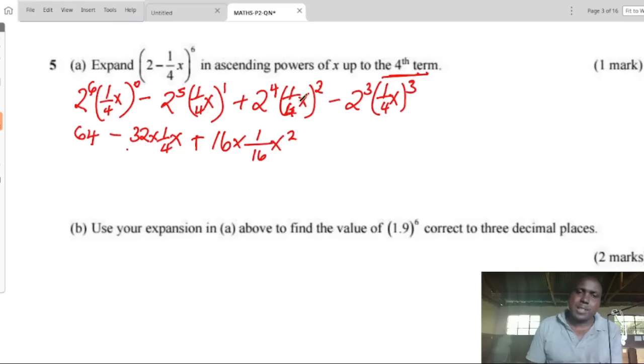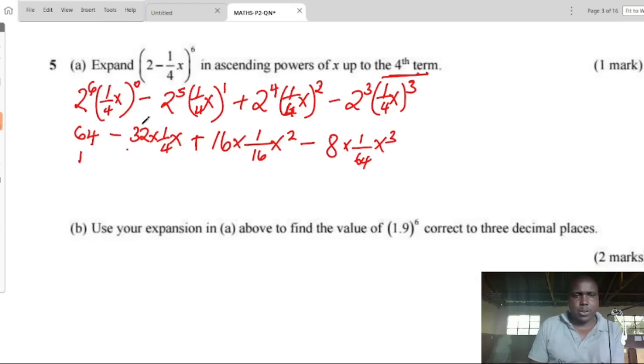You square everything in the bracket. Minus 2 cubed is 8, times 1 cubed is 1, 4 cubed is 64, x cubed.